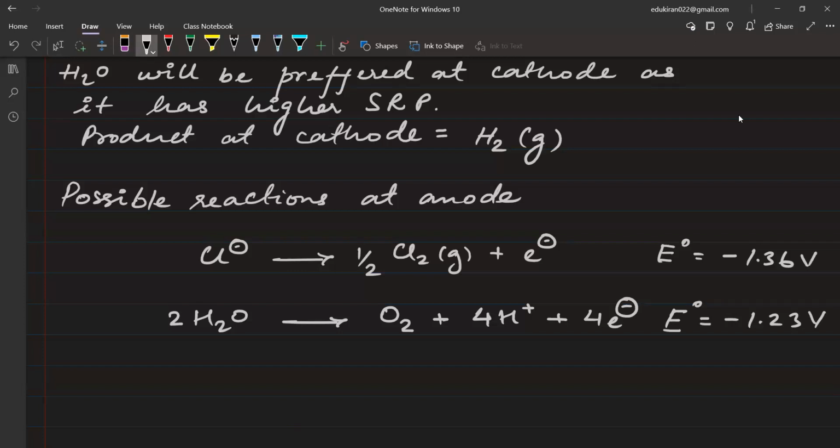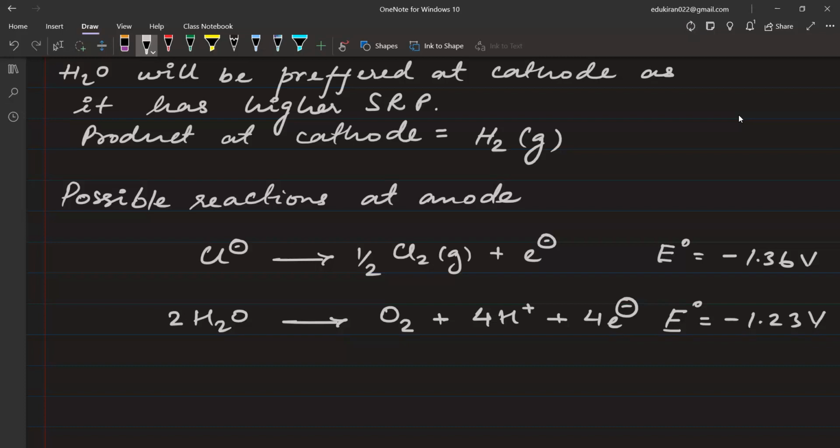The size matters here. Now water is what? 3 atoms. That is why it reaches slowly. Cl negative is only 1 atom. That is why it reaches quickly towards the anode, and that is why chlorine is going to reach the anode, not water.